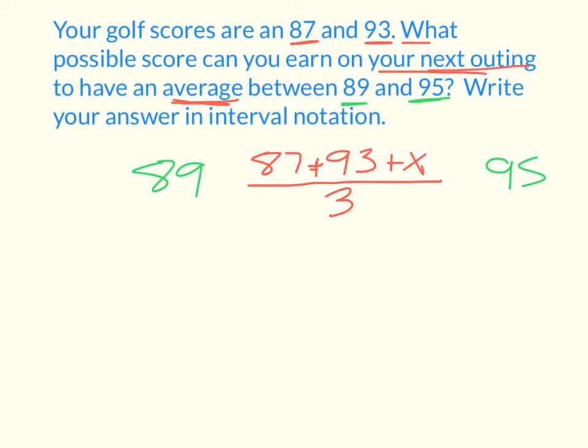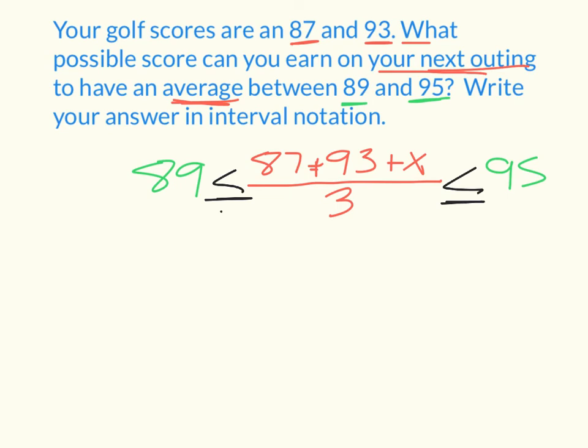All right, so if I'm going to be between, I can't have it less than this. So the average is bigger than 89 and less than 95. Is it okay to have the average be 89 and 95? Sure it can. So we're going to make sure it's equal to as well. So now we're just going to simplify and write our answer in interval notation here.